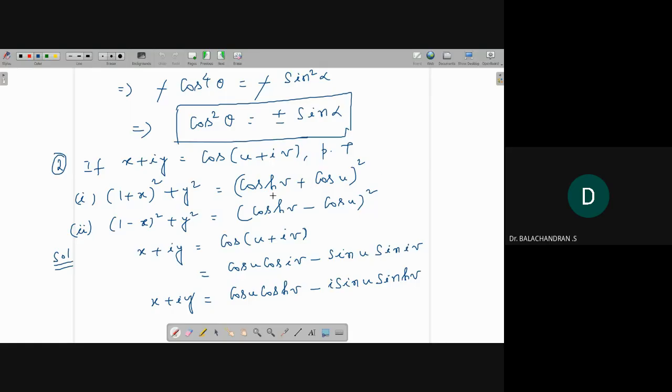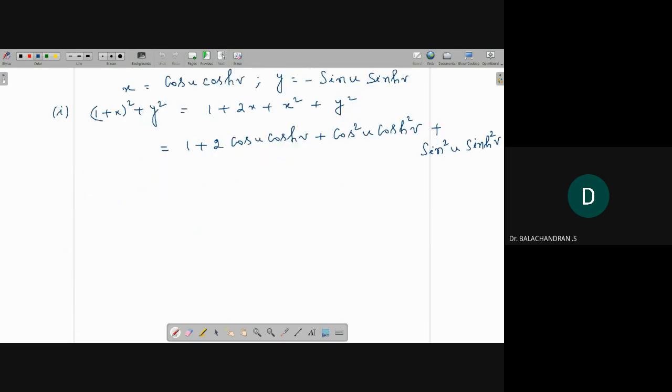So you should keep it in your mind. If you have cosh square v and cos square u and cos hv cos u, you don't disturb. Remaining, if you have sin square or sinh square v, you should convert. So now you should tell which one I should keep. 1, okay, plus what about this term? Whether will keep as it is? Yes, sir.